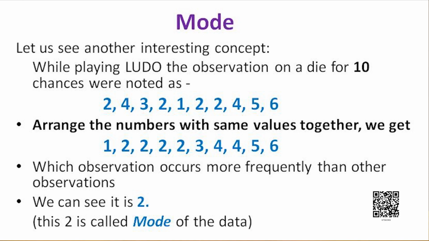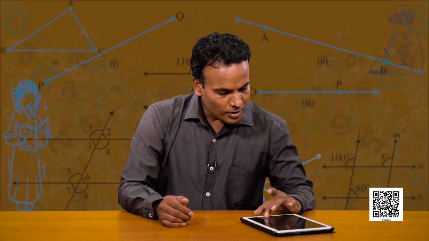So the observation which is frequently coming or which has more frequency is called the mode of the given data. Alright. So we can say the mode of a set of observations is the observation that occurs most often. Right. So the most often occurring observation is called mode.